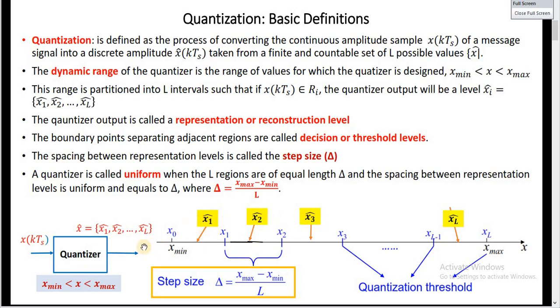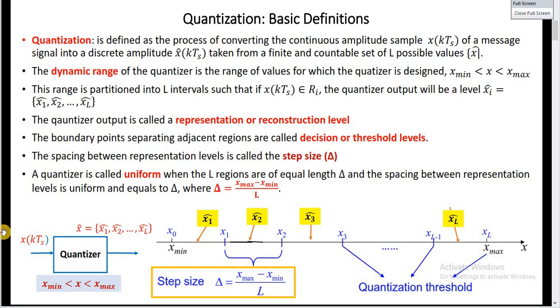So the whole idea, if the continuous sample x of kTs belongs to this set of values between x0 to x1, then the output of the quantizer will be x1 cap. So the whole set of values will be mapped into one value, into one level, which we call x1 cap.